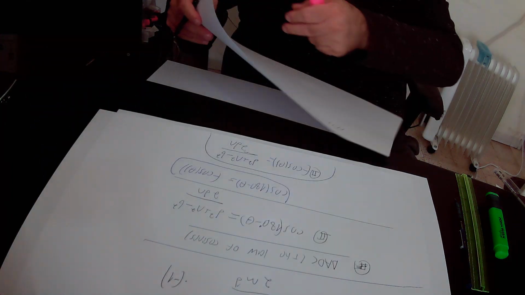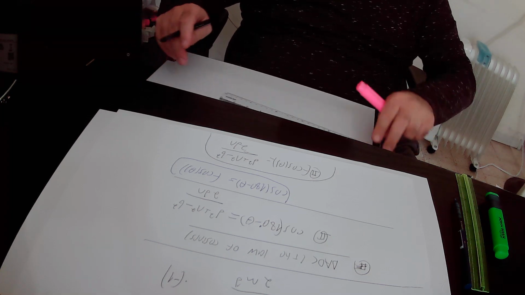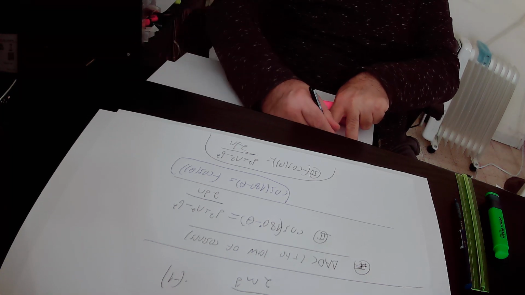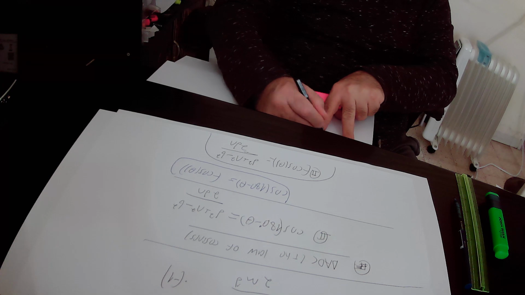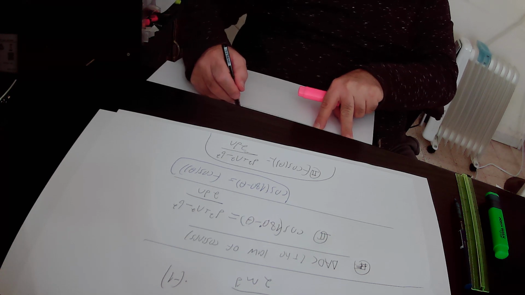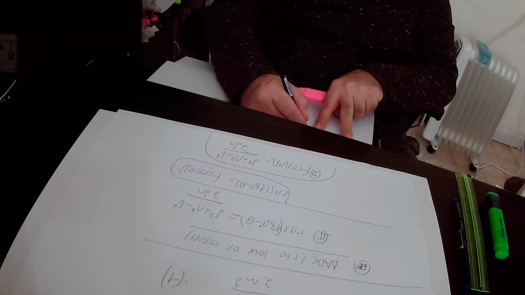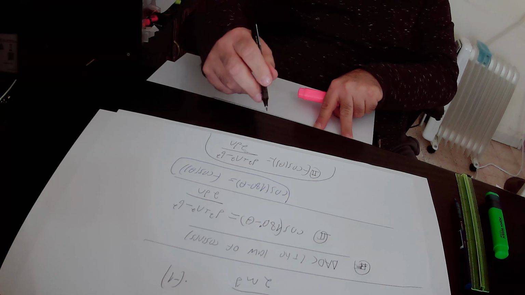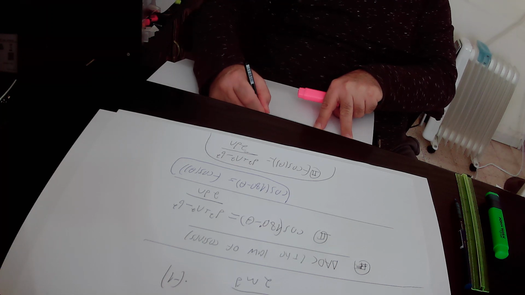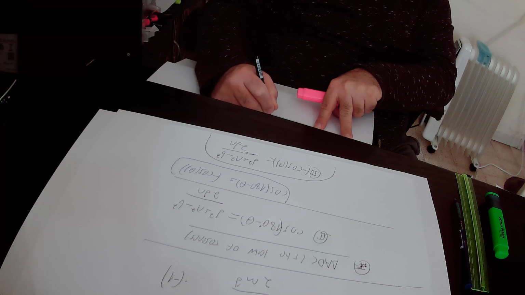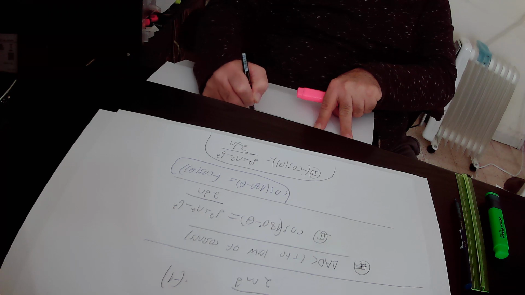We have already found out that according to equation number 2, minus cosine theta equals d square plus n square minus b square over 2 times dn. Okay?